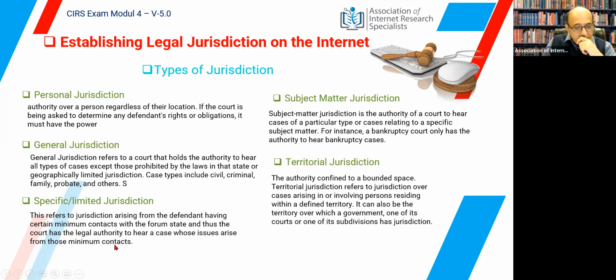Now, this minimum contact is the issue when specific or limited jurisdiction means that it is not actually in the sense of how all the different types of offenses are covered within that court system. That could be county, or state, or federal. But it has the ability to rapidly form a special court to cover certain types of offenses. It just is a temporary arrangement. So a specific limited jurisdiction pertains to that.